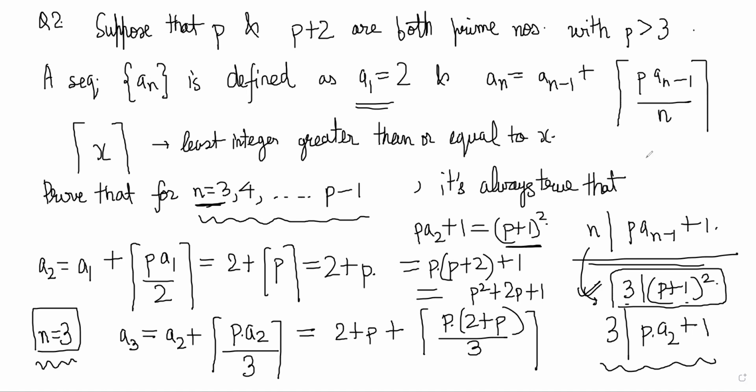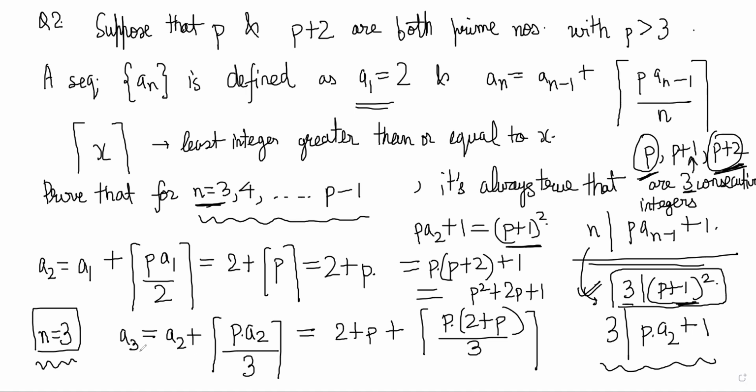Now that is obvious because p, p plus 1 and p plus 2 are 3 consecutive integers, and we know that p and p plus 2 are prime numbers. So 3 cannot divide this and cannot divide this. So 3 must divide the middle integer, which is p plus 1. So if 3 divides p plus 1, it is guaranteed that 3 will divide p plus 1 whole square, right?